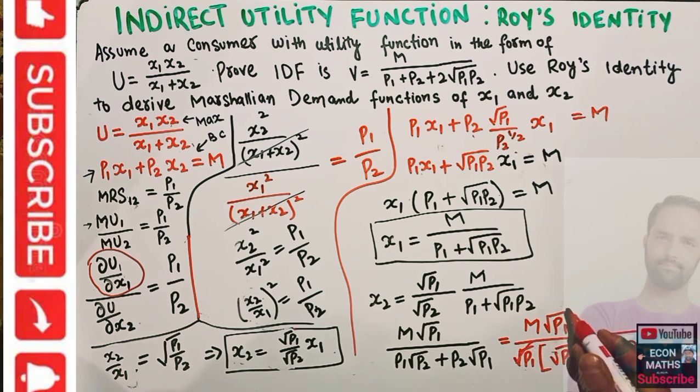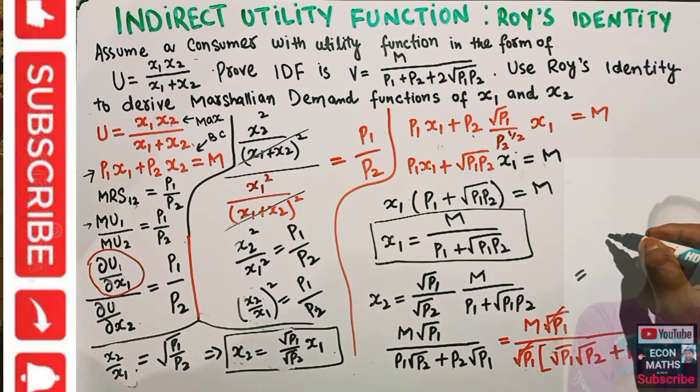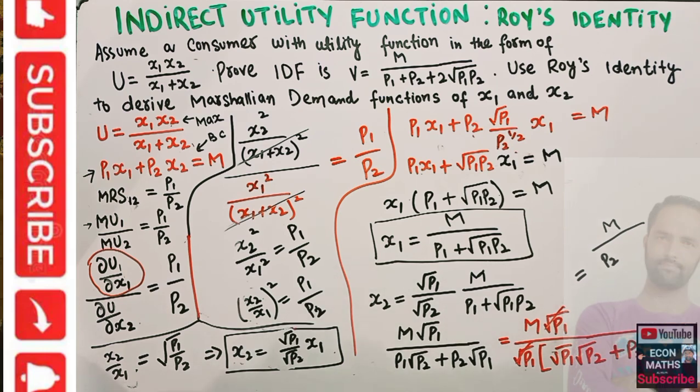Okay, so this p1 and this p1 will get cancelled, so I will be left with, let me write it here, m upon p2 plus, so p1 under root p1 under root p2 can be written as under root p1 p2. Okay, so this is the demand function for good x2.